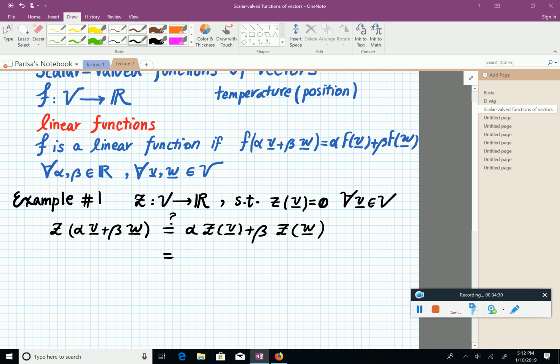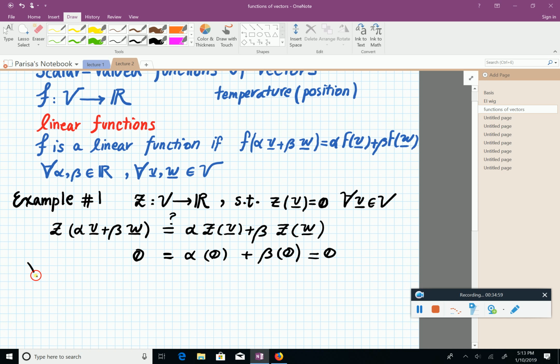Here it is very easy, right? The linear combination of vectors is also a vector, so z takes any vector and brings it to 0. So the left-hand side is simply 0. The right-hand side is alpha times 0 plus beta times 0, so for any alpha and beta, this is also 0. So yes.